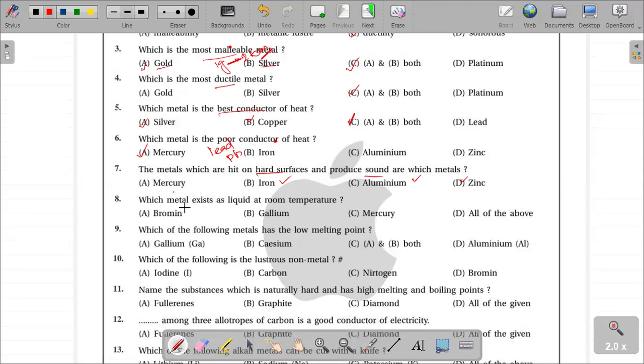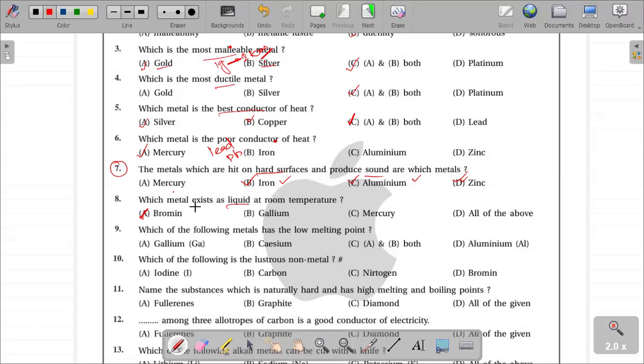Hard surface with the sonorous nature. And next, you have to mark A, B, C and D, but they didn't give A, B, C as an option. So in this question, you have to select iron, aluminum and zinc. And which metal exists as a liquid at room temperature? Bromine is a non-metal.